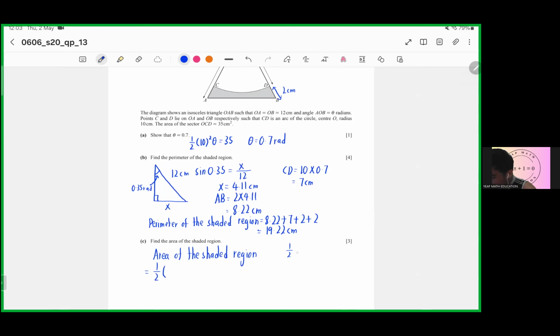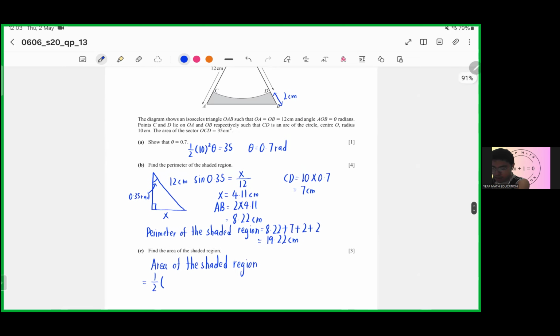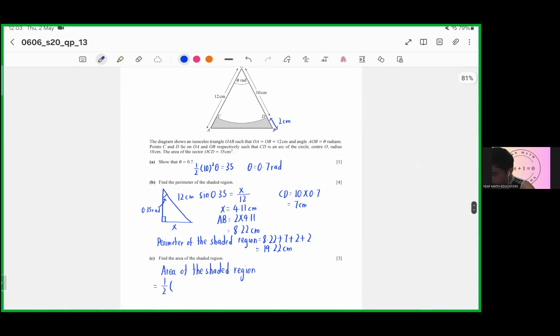We can use the formula 1 over 2 AB sine theta. 1 over 2 times 12, and here also 12, sine. We put 0.35 in radians. And then minus 1 over 2 r squared theta.